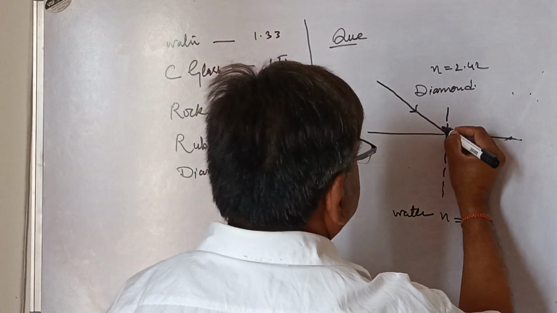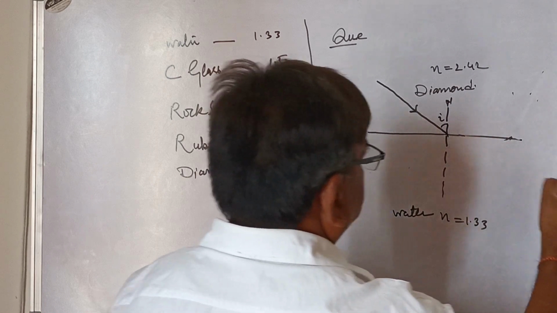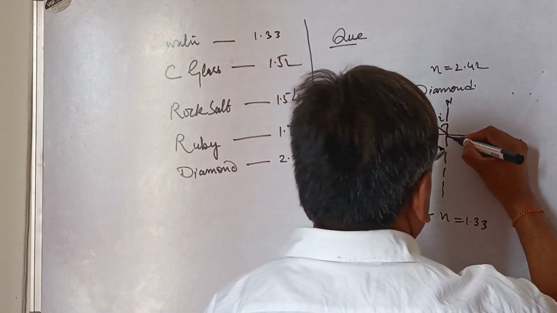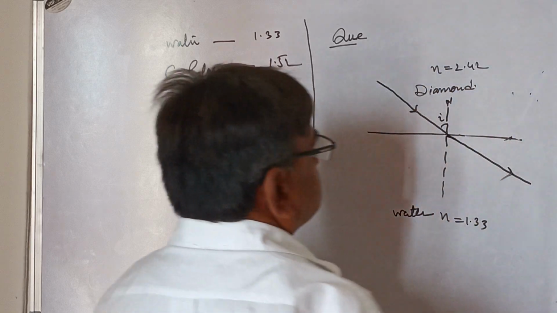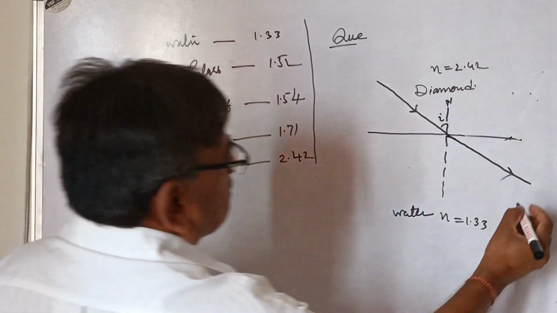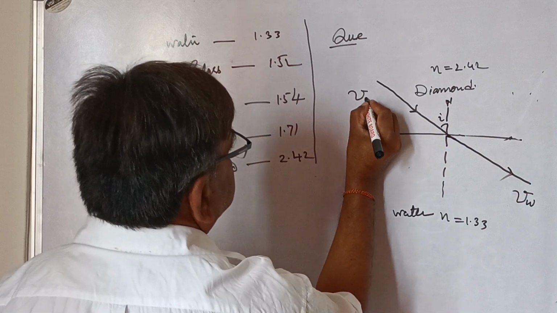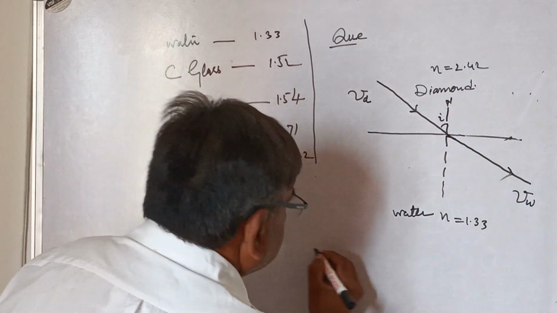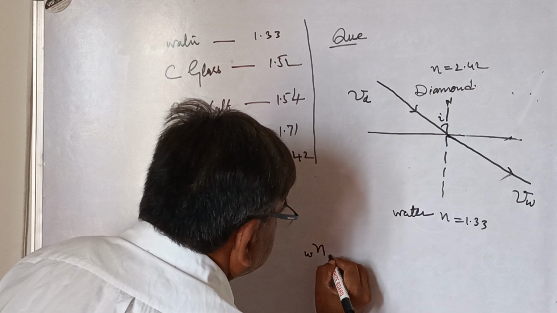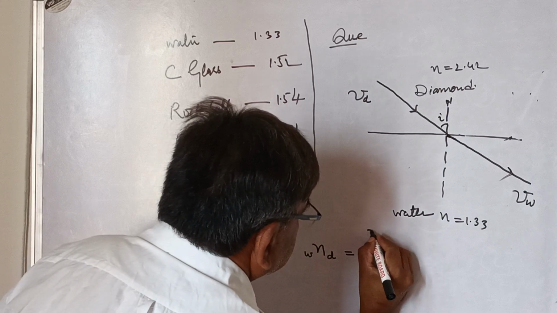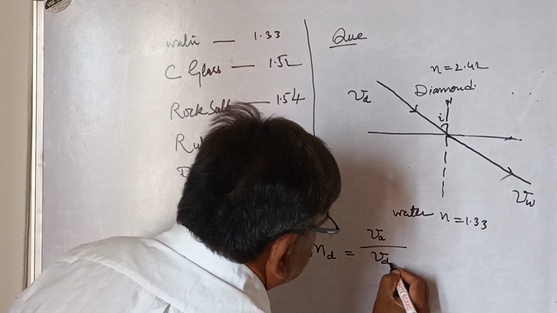So when it strikes here at angle i with the normal, it will go away from the normal because it is rarer. In this the speed will be v_W and this speed will be v_D, the speed of light in water and the speed of light in diamond.